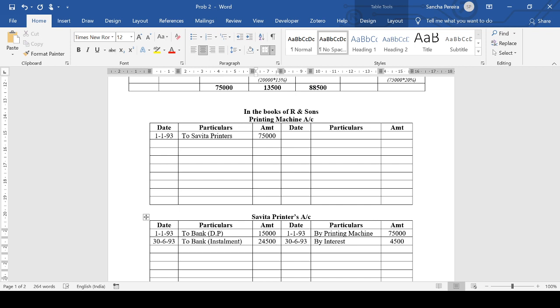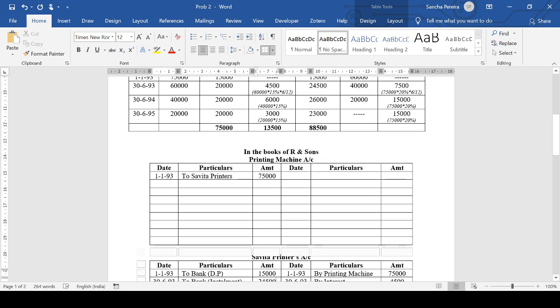Okay. In the last problem, the last entry was directly the transfer of the interest to the P&L account, but right now we have depreciation here, so we can't directly transfer the interest to the P&L account. We need to first provide for depreciation and then do the last thing. So what was the entry for depreciation? Depreciation account debit to asset account.